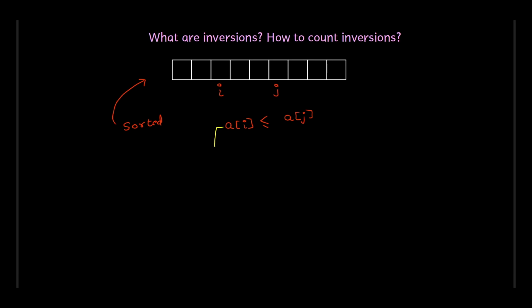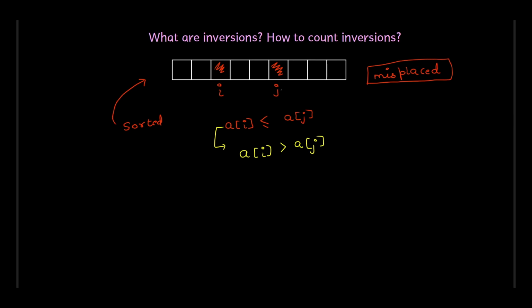Consider this condition: A_i is strictly greater than A_j. Then you can realize that these two elements are misplaced. They are not in their correct position in the array according to its sorted version.